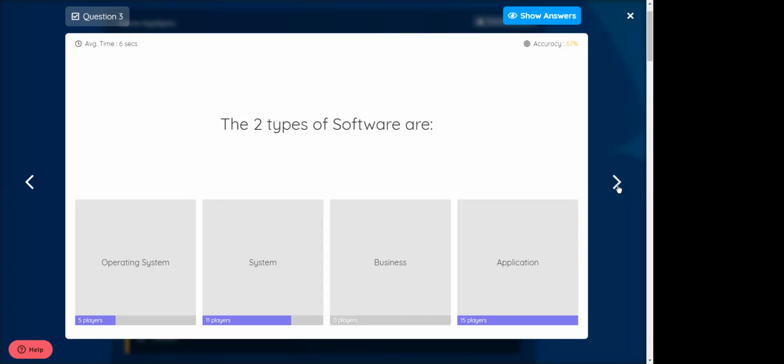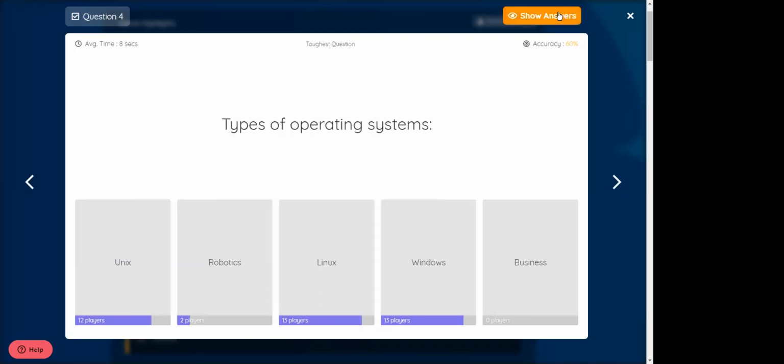Then, what are the types of operating system available? Linux, Unix, Windows. Good. Unix, Linux, and Windows.